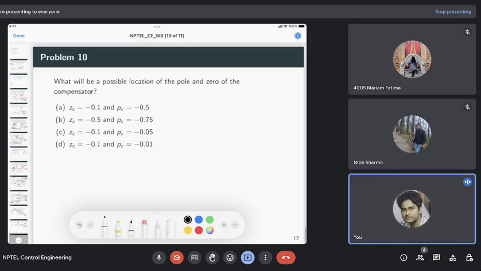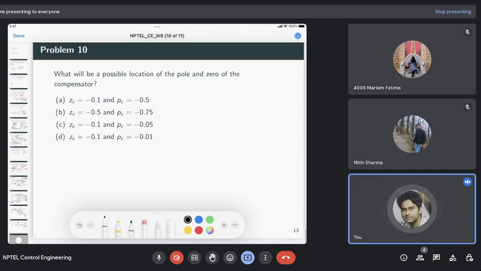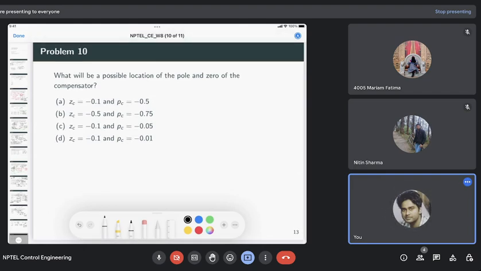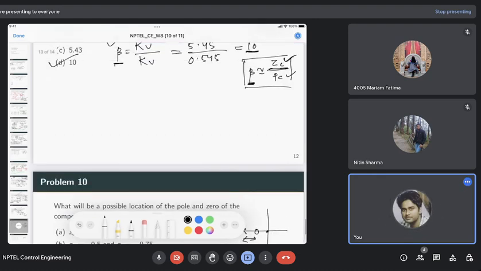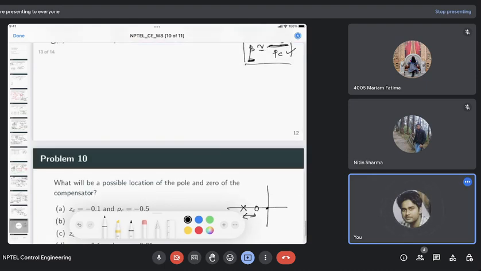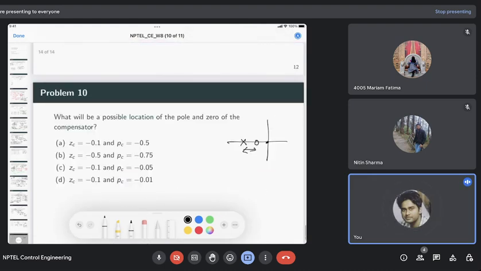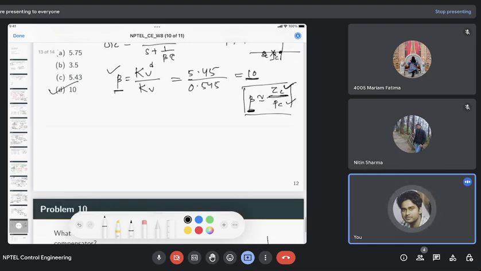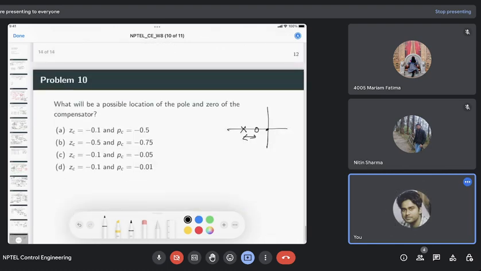As I already mentioned, the pole and zero both need to be close to the origin, so that they are very close to each other, but the ratio should be very high. That's why we need them very close to the origin: they can be very close to each other, and still the ratio should be high. And this ratio is beta, which we already computed as 10.